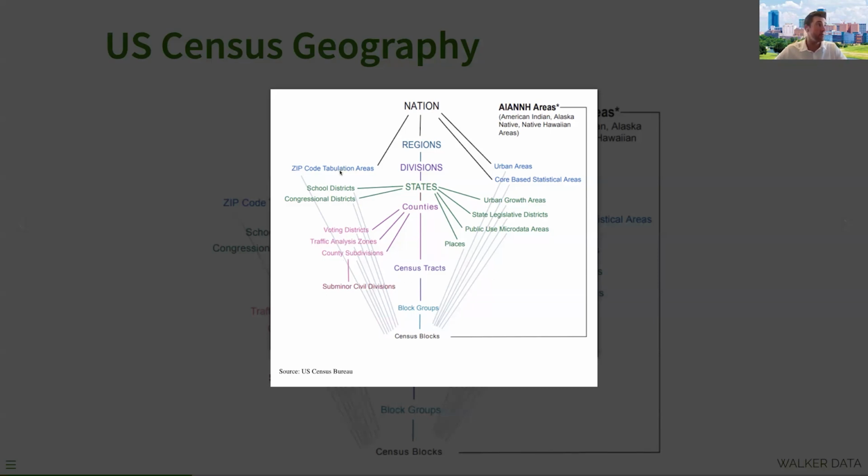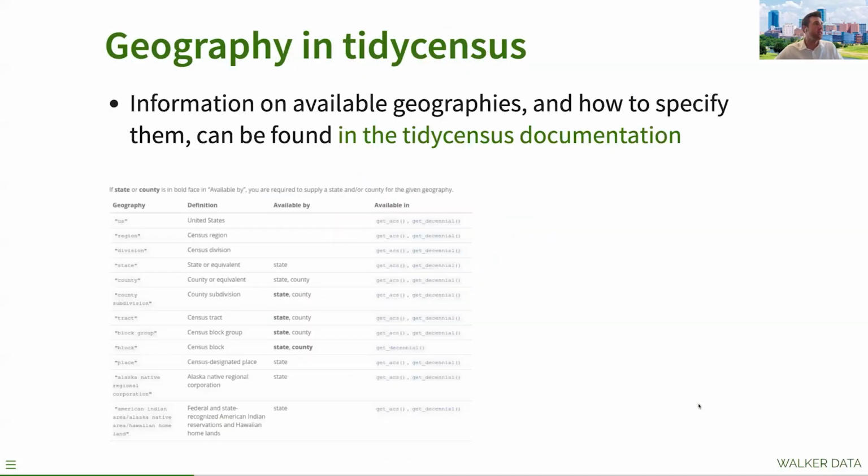You can get data at zip code tabulation areas, which are areas that approximate zip codes, or census places, or congressional districts. And so a question that arises then is, how do you figure out how to request that in tidycensus? I have in the tidycensus documentation a table that tells you how to put in different geographies for specific enumeration areas that you might want.